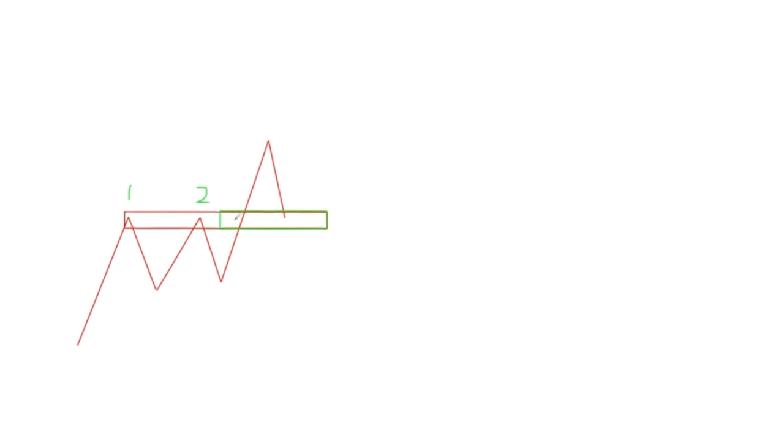And now it broke at our third point, not the second point, and it tested now our fourth point. So price tested this specific area more than two times, which makes it strong resistance turning into support.